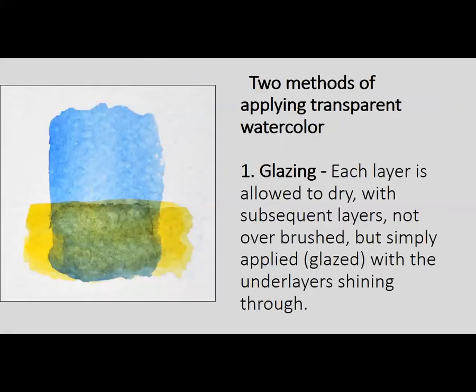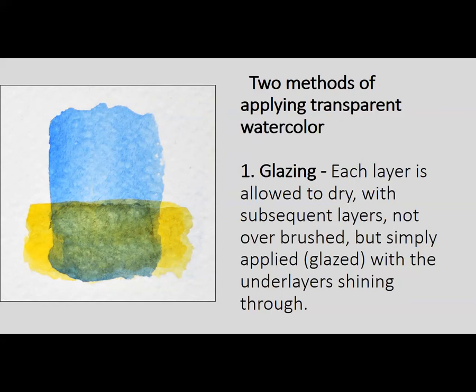When you apply transparent watercolor, there are a couple of methods. These are not the only methods, but there's glazing. You put down a thin layer of one color, let it completely dry, and then put thin layers of color on top of that. You're careful not to overbrush.